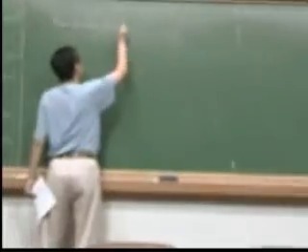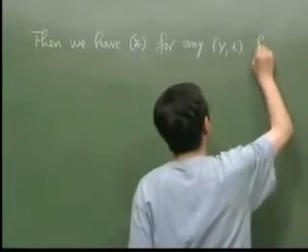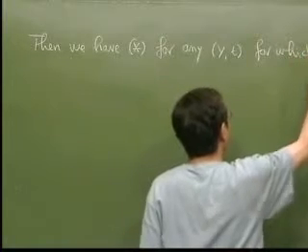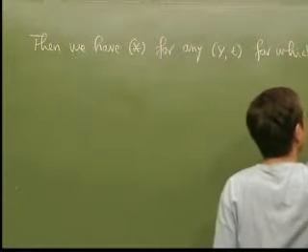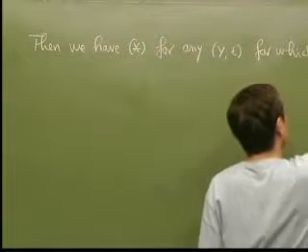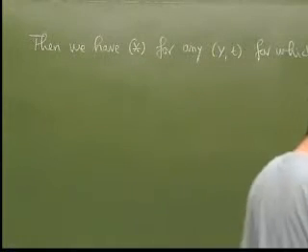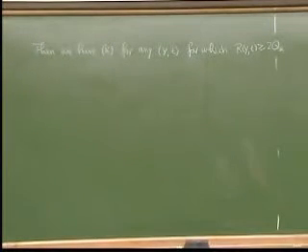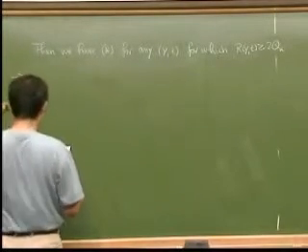So then we have an estimate (star) for any y, t for which R(y,t) is bigger than 2. So in particular, that implies the curvature will be bounded in a small region.